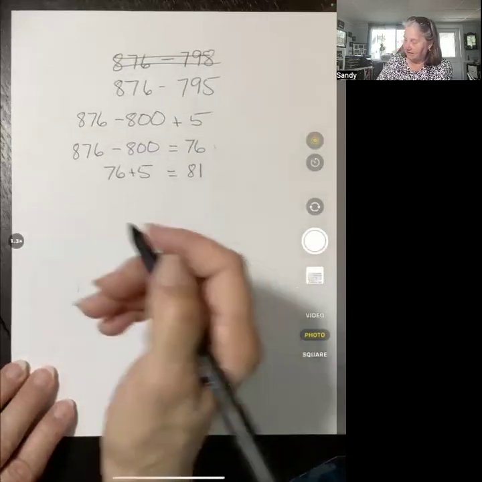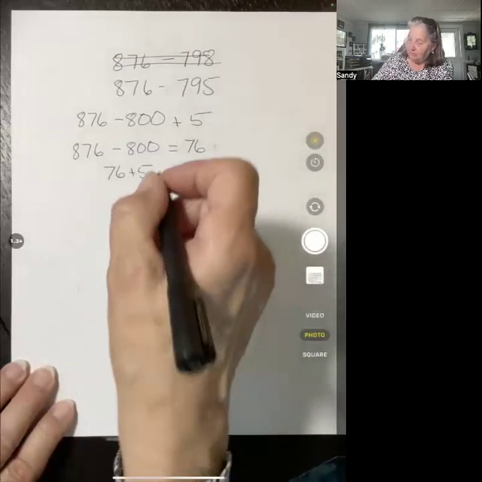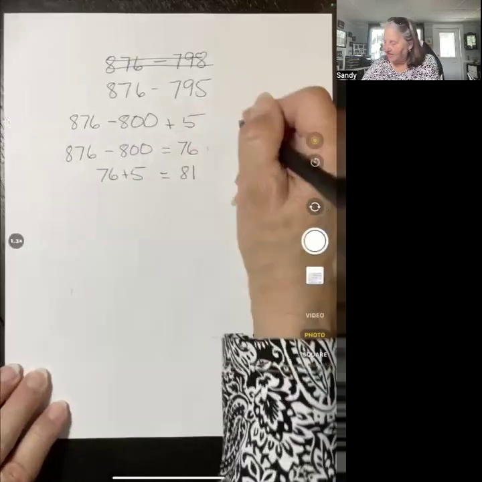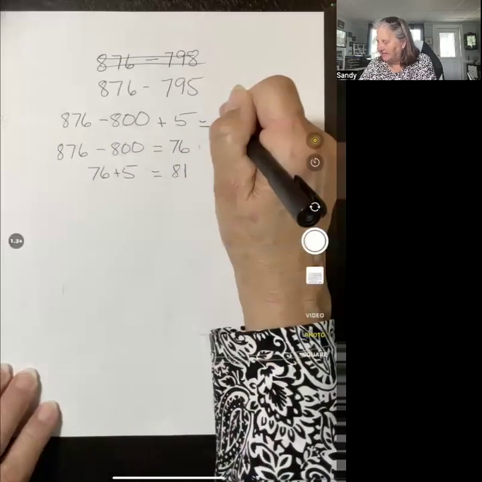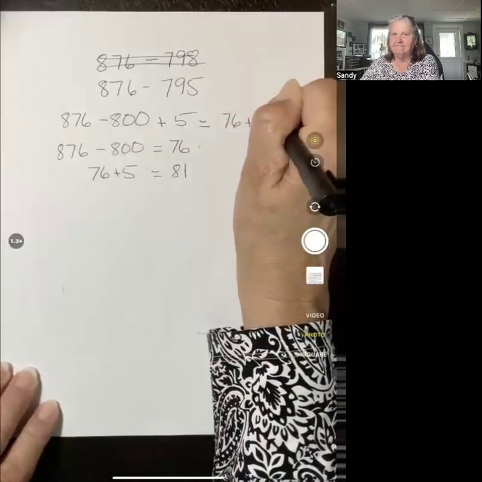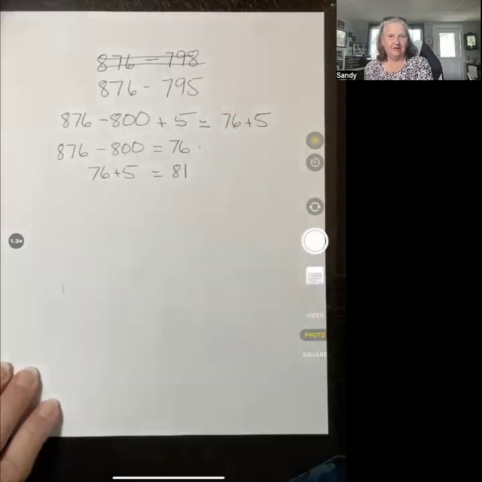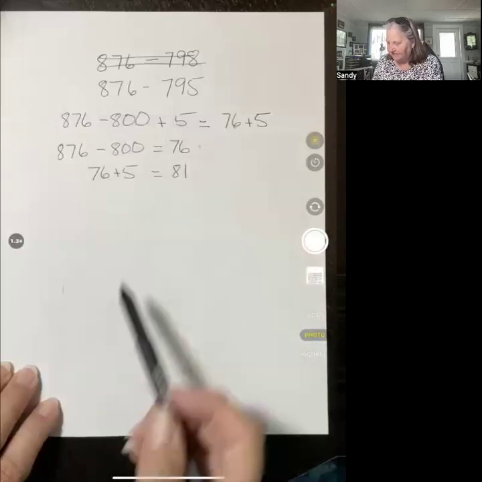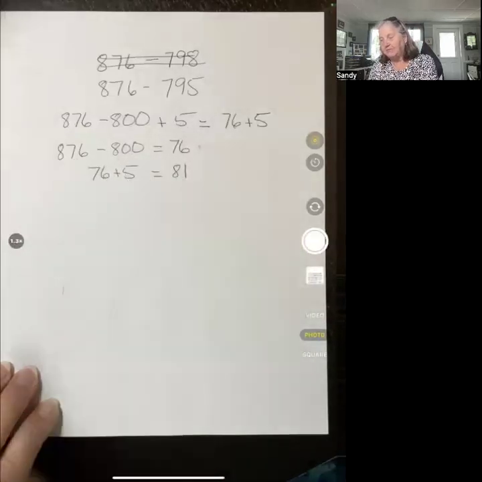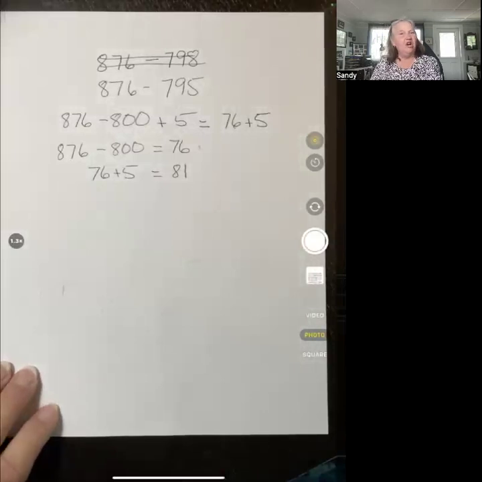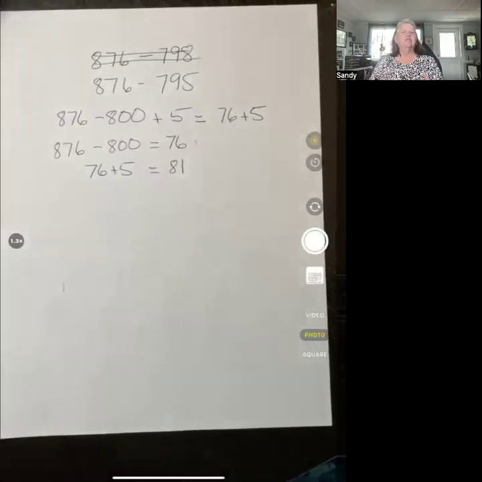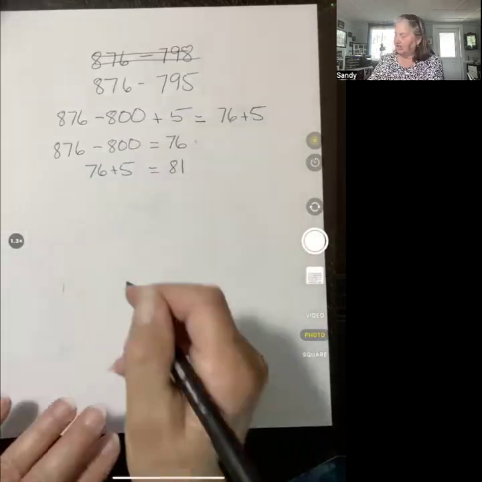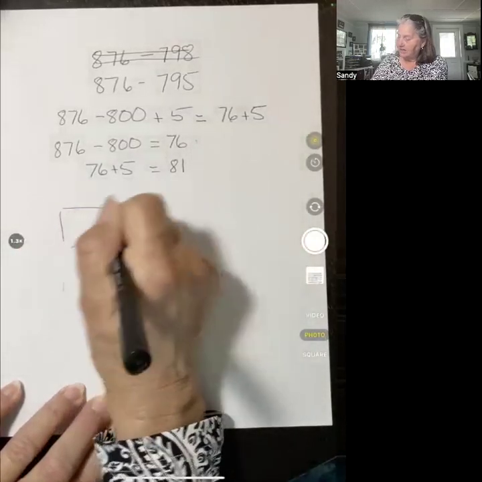Now, I could have written what I did here. Now, this would equal 76 plus 5. That's mathematically correct also, right? Because I'm including the plus 5 here. If I'm going to do it in steps, separate equations. Okay? Now, you can always go through, draw additional, I could have drawn 800.